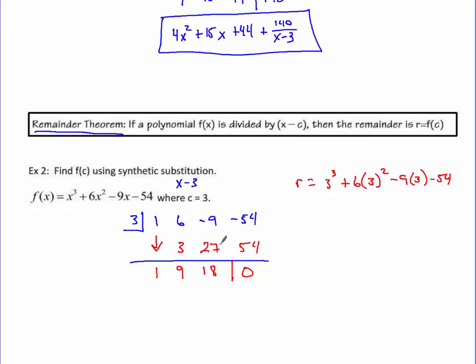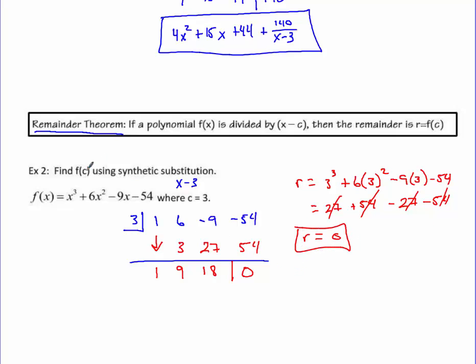Well, you don't have to do all the division. You can just plug the 3 into the equation and get 27 plus 54 minus 27 minus 54, and you'll see 27 minus 27 and 54 minus 54, so our remainder equals 0.